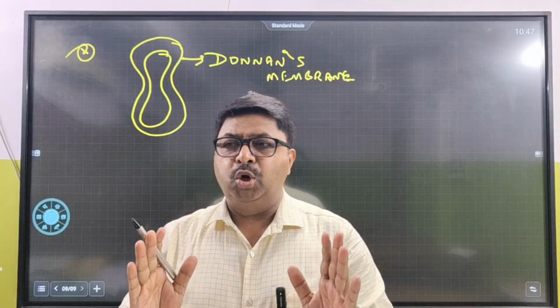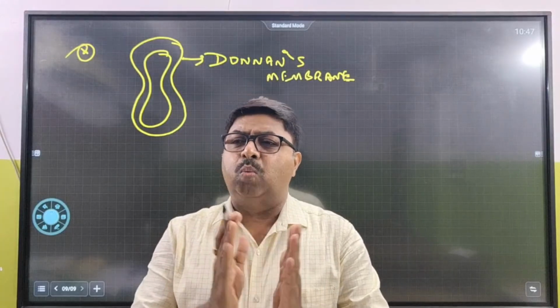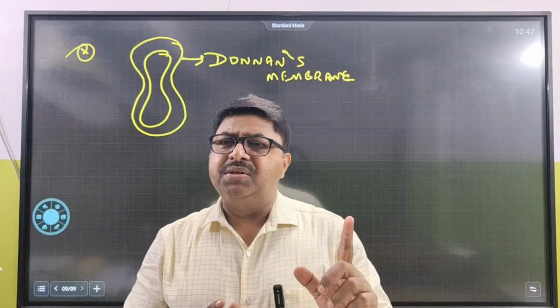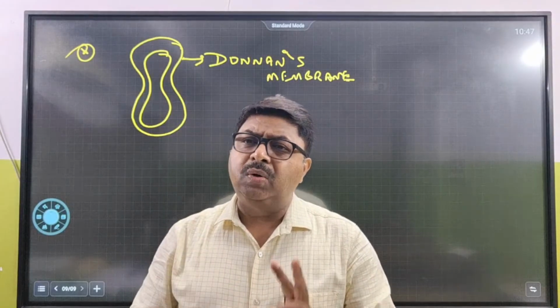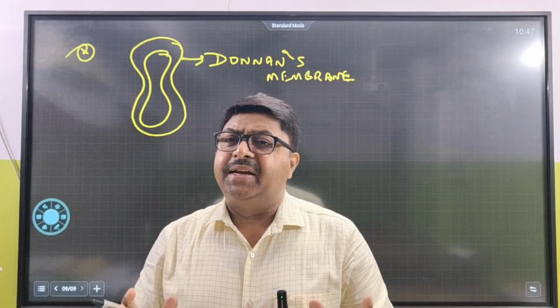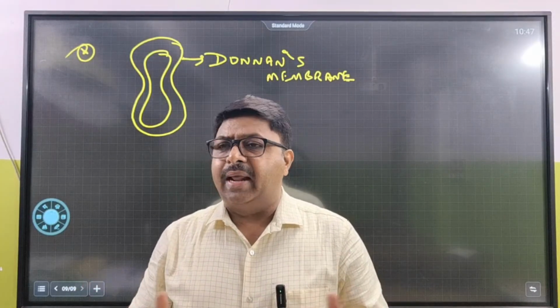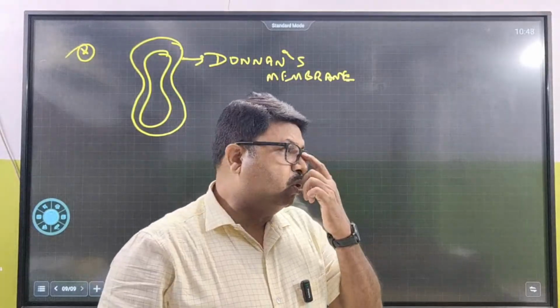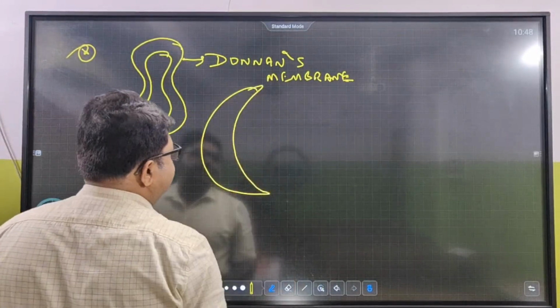Normally we know the one gene, one character concept, but a pleiotropic gene can express more than one character, and it makes the RBC sickle shaped.